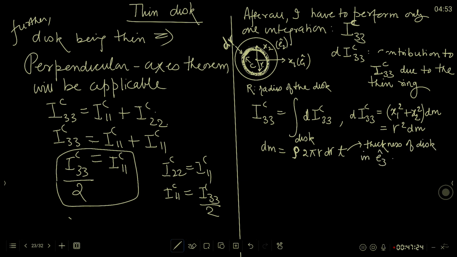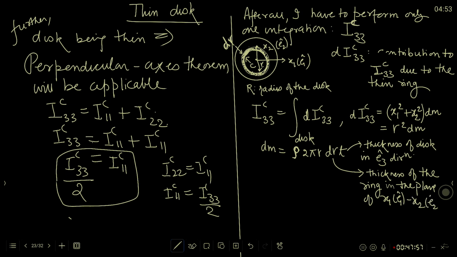And this dr, there are two thicknesses involved here. This dr is the thickness of the ring in the plane of x1 e1, x2 e2. I hope that clarifies. And rho is the density.